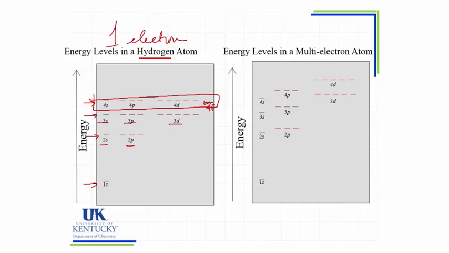As we move over to the right side of this page, we see that we're dealing with a multi-electron atom. As soon as you put a second electron in there, because of their spins and their interactions of their spins, the orbitals don't stay, all of them, degenerate within a shell.